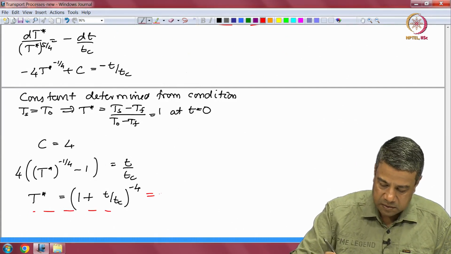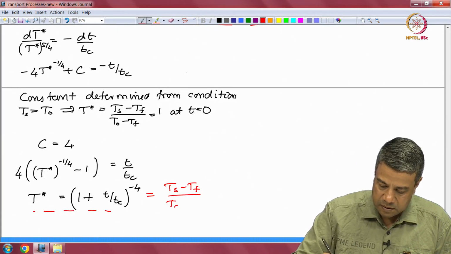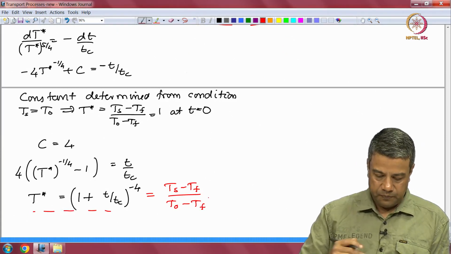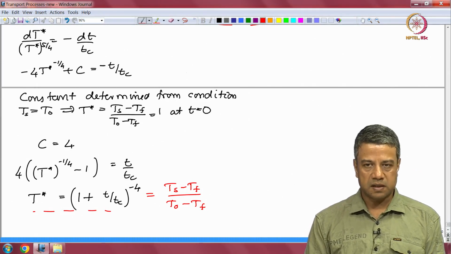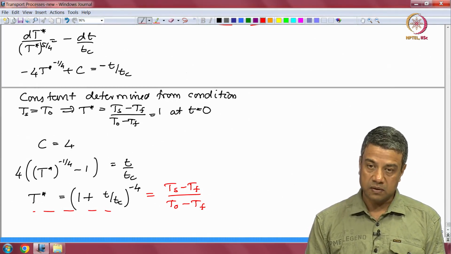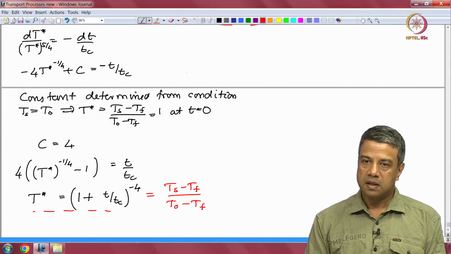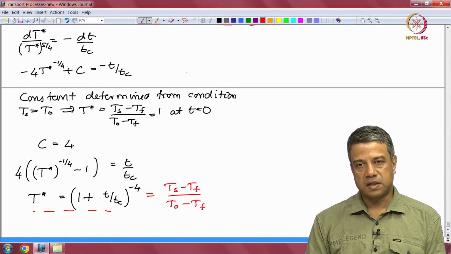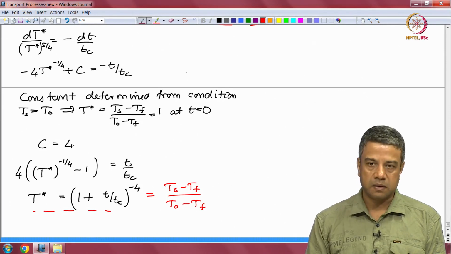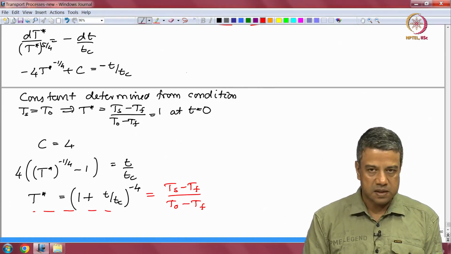This is equal to Ts minus Tf. In the limit as t becomes much larger than the characteristic time, this decreases as 1 over t to the 4th power. In the case of diffusion as well as forced convection, it was decreasing exponentially with time. In this case, it goes as t power minus 4.